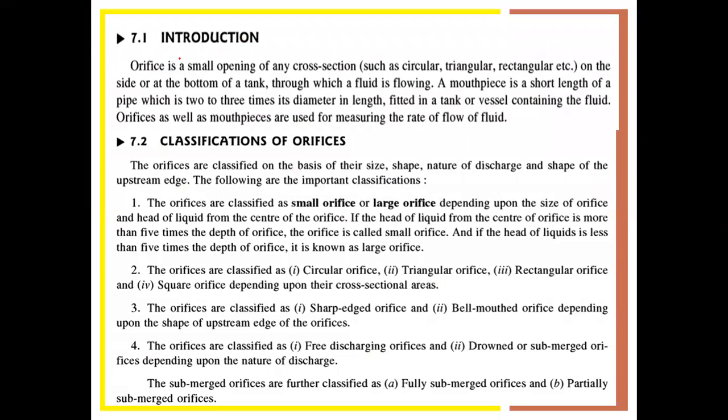What is the meaning of orifice? If you get a theoretical question in part A, you have to write this concept. An orifice is a small opening of any cross section on the side or at the bottom of the tank.